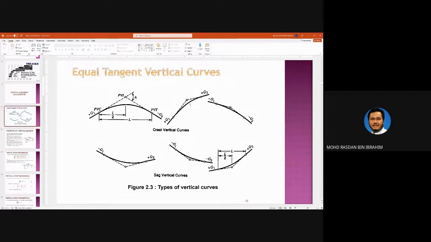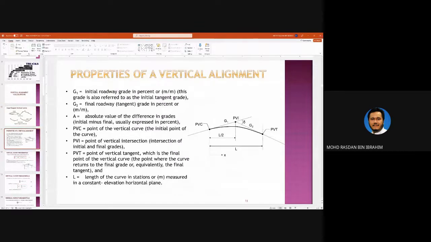Here there is no change of sign, you see. So this is positive, negative. So the calculation that we're going to look at afterwards only covers where the curve has the change of sign, positive, negative, positive. All right, because we are using parabola properties.